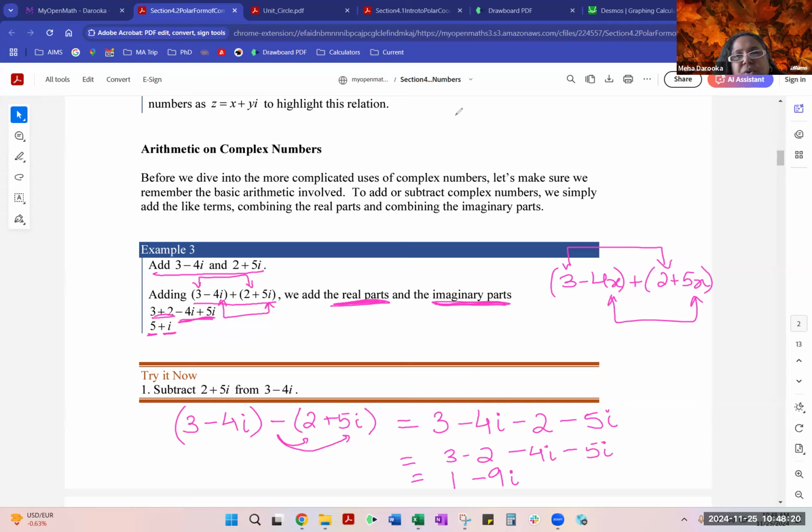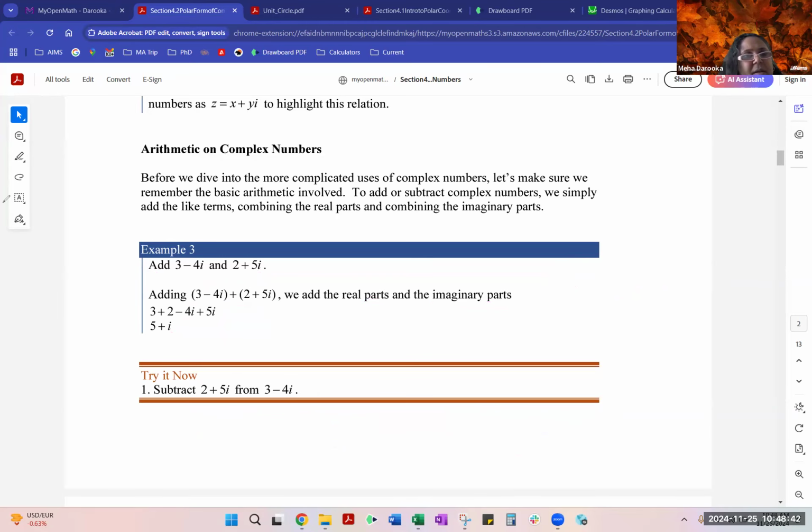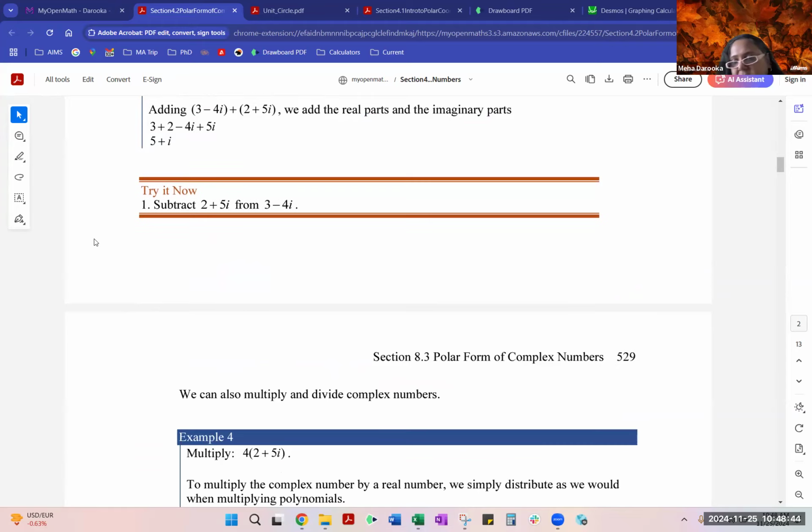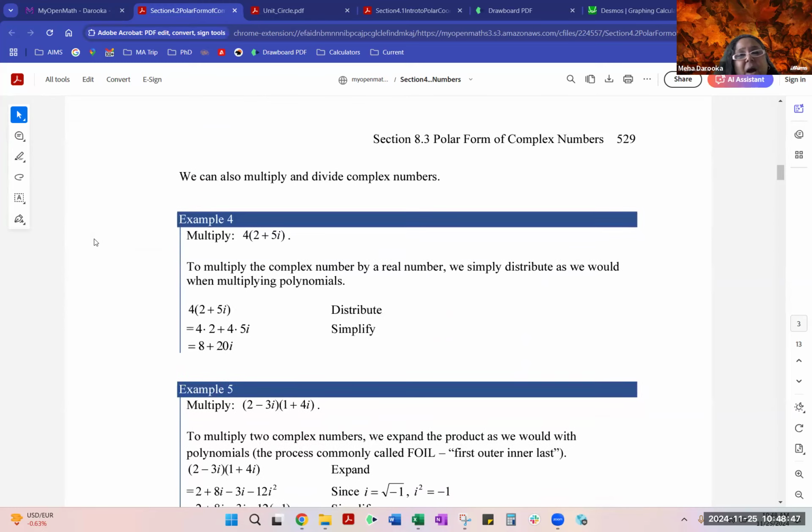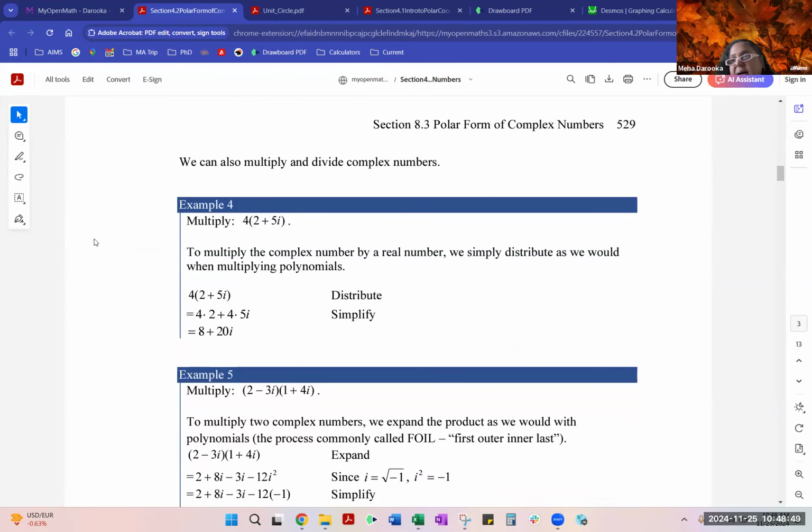Those of you who did not get the correct answer, do you see where the error happened? Does anybody have questions on this one? Like I said, if it helps to think about the i as your x variable, try it that way till you get comfortable working with the imaginary numbers.